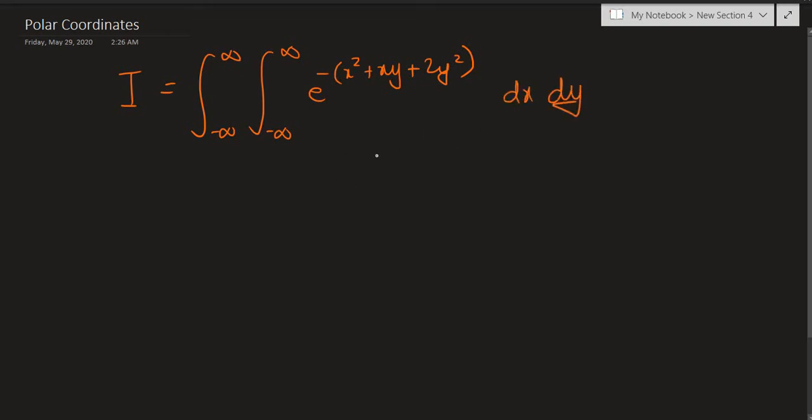So now changing to polar coordinates, we know that x equals r times cosine of theta, and theta is the angle subtended with respect to the horizontal plane, and y is nothing but r times sine of theta. So we have I now. Well, since we are covering all of the x-axis and all of the y-axis going from negative infinity to positive infinity, that means we need to cover all of our polar space.